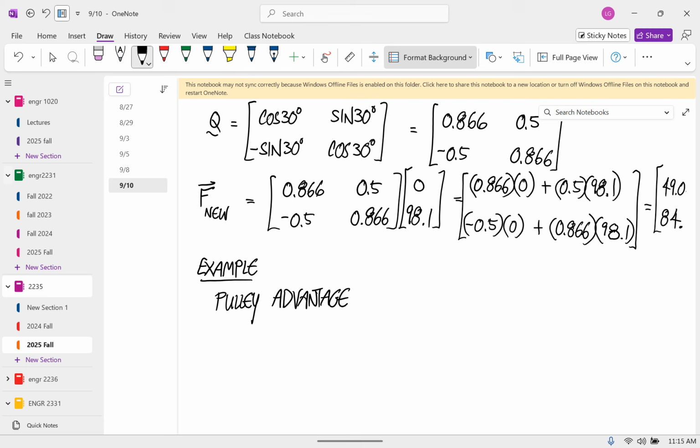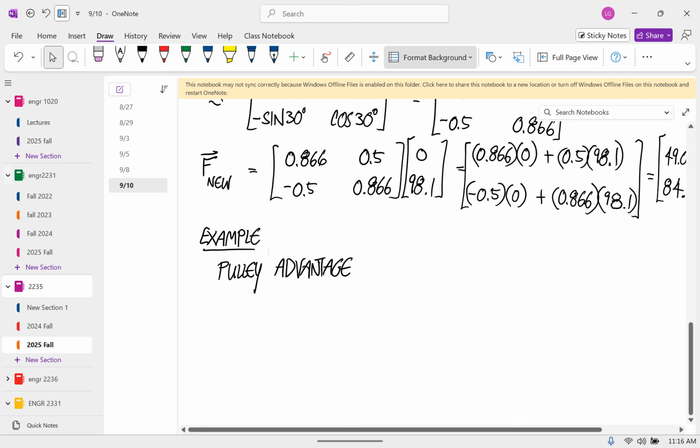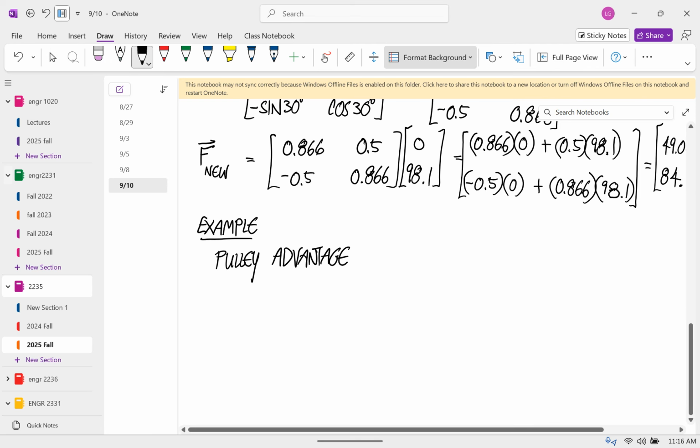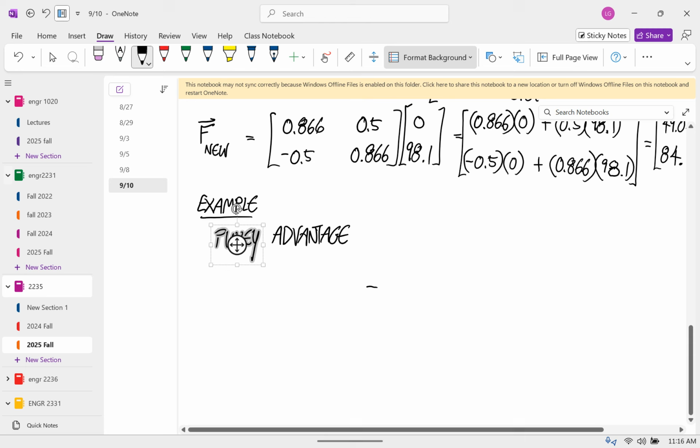And so I was confused when I first saw that all a pulley does is change the direction of a cable force. A pulley on its own doesn't do anything to reduce the force required to lift something. But you can configure pulleys in a way that they do require less force to lift something. So let me do an example where you see that.